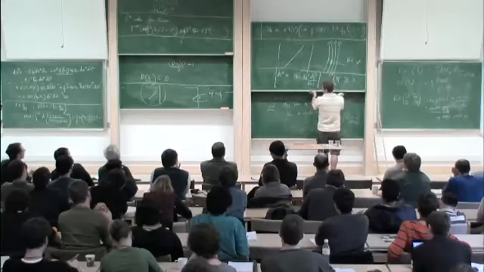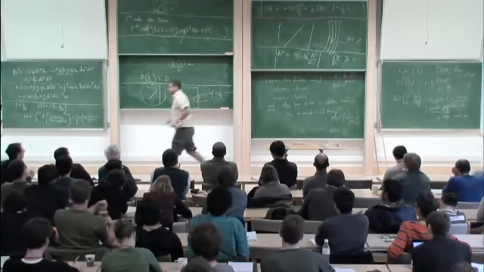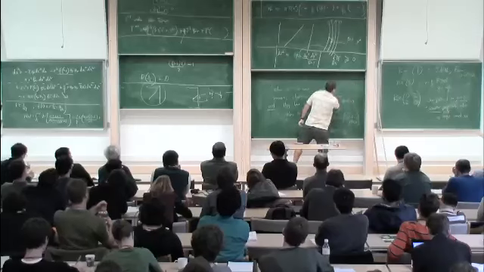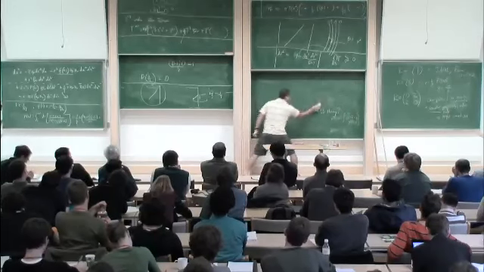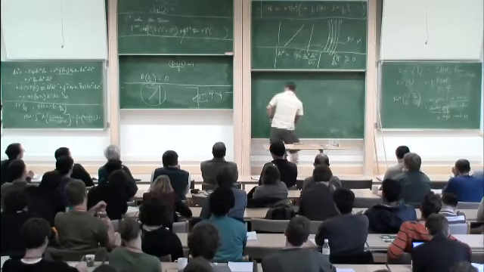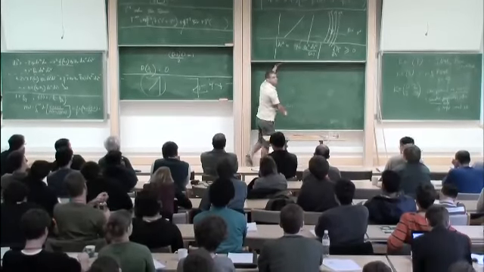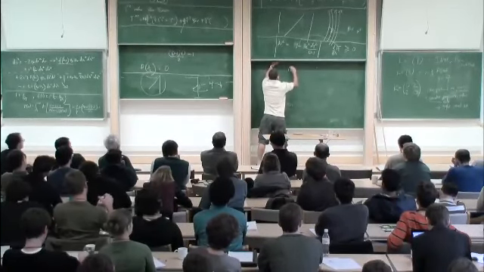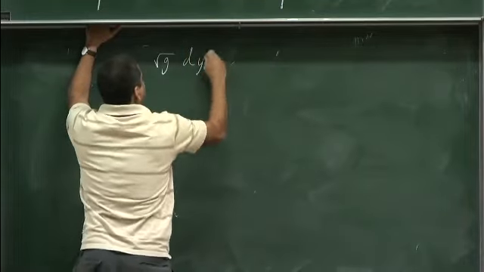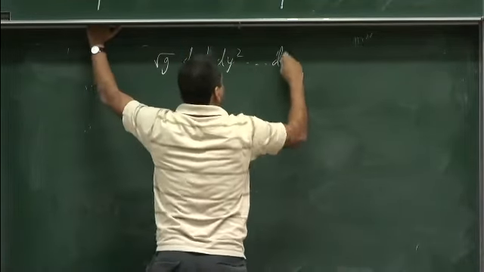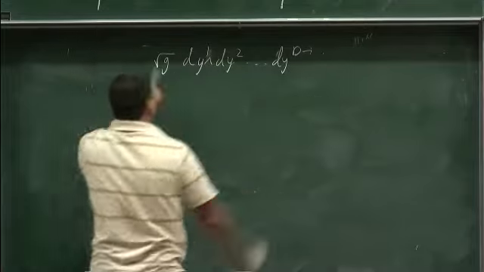Okay? What good is that? Well, suppose we define what I'm going to call an area d minus 1 form by square root g dy1 wedge dy2 up to dy d minus 1 on the event horizon.